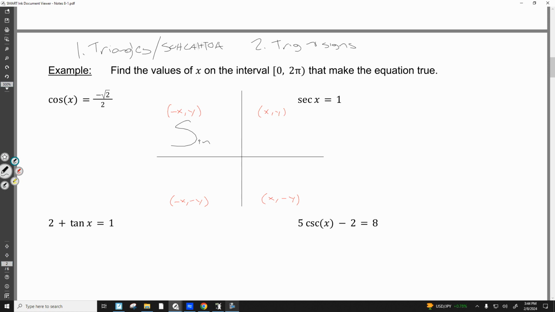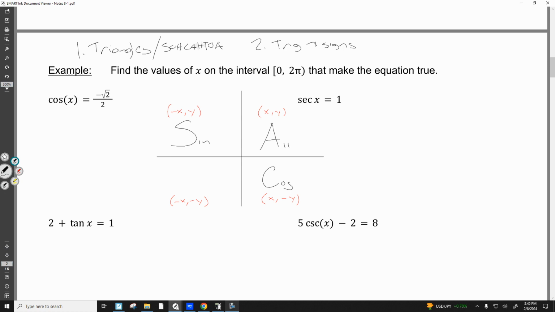What about the fourth quadrant? What trig function is positive in the fourth quadrant? Tangent is not positive in the fourth quadrant. Cosine is positive in the fourth quadrant. We skipped the third. What trig function is positive in the first quadrant? All the trig functions are positive.